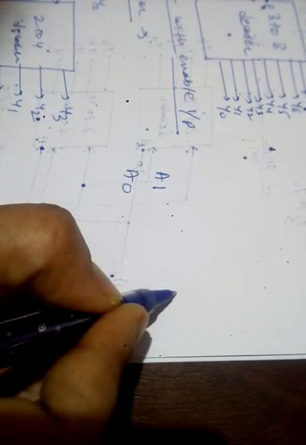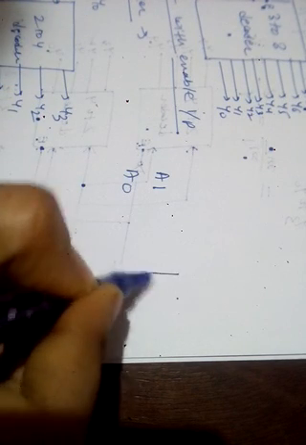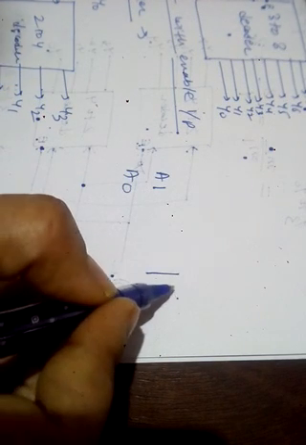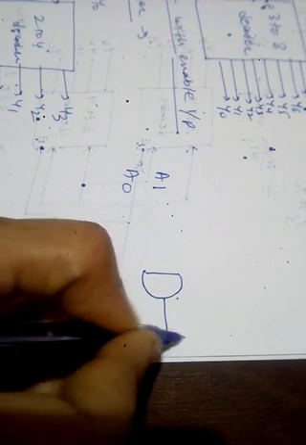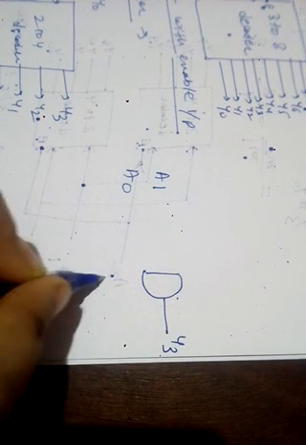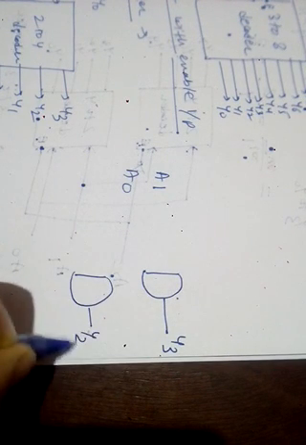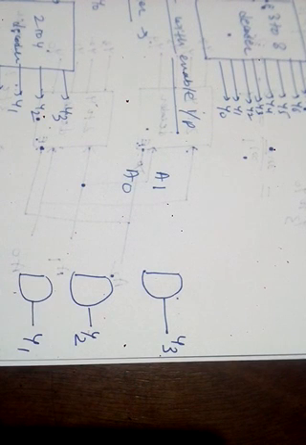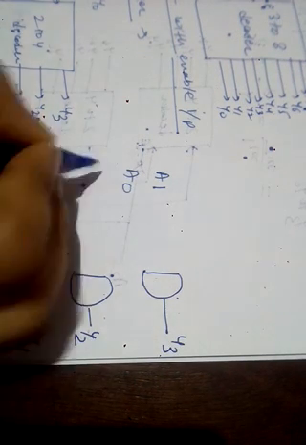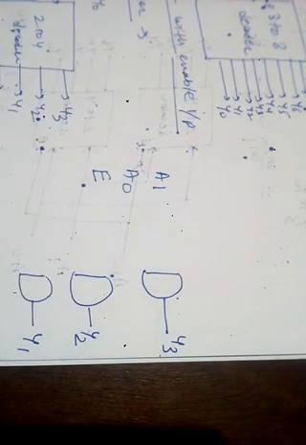This is A1, this is A0, suppose this is Y3, this is Y2, this is Y1, and this is Y0, and one is the enable input.